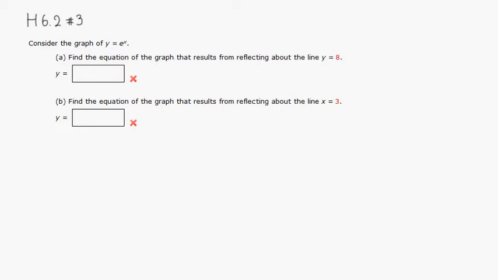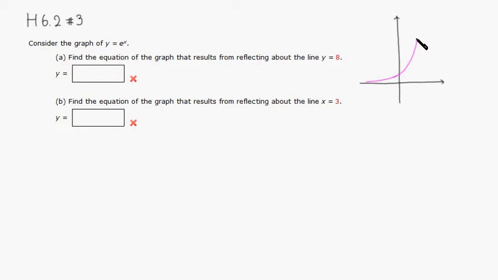Let's draw a simple picture. We have an exponential function, which is going to look like this.